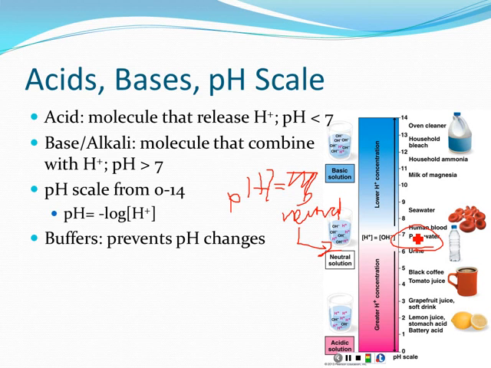It's how much more basic is pH 5 than pH 4? Is pH 5 more basic than pH 4? Yes. Okay, so how much more basic is it? 10 times. Okay, not negative 10. Does that make sense? Okay, so how much more basic is pH 6 compared to pH 4? 100 times. Very good.